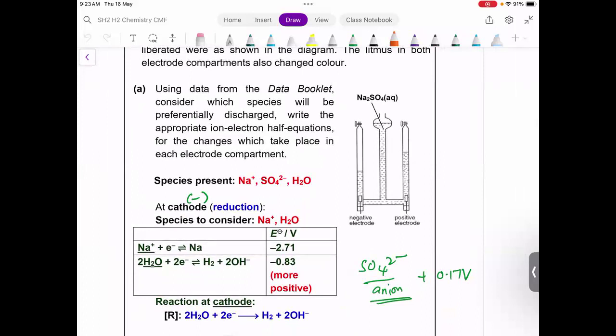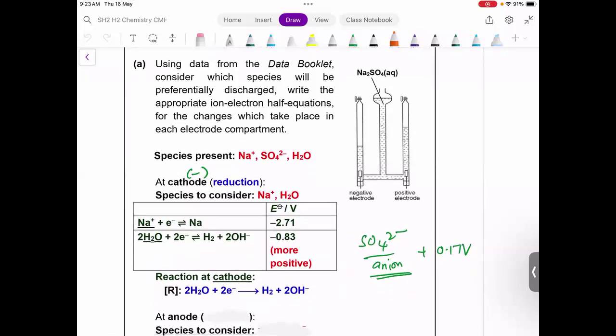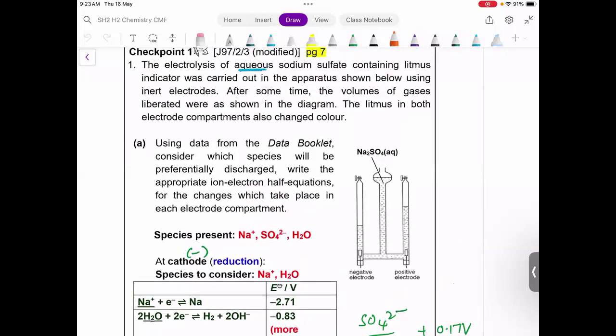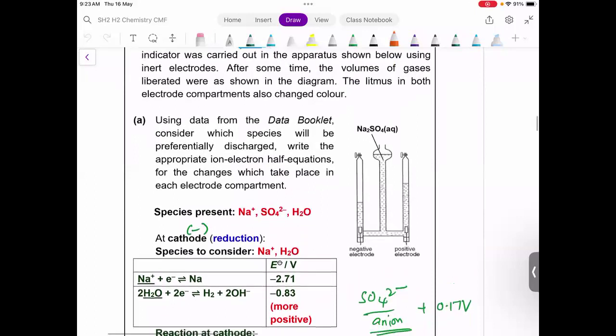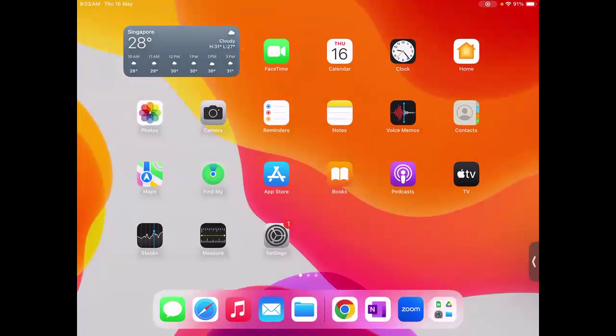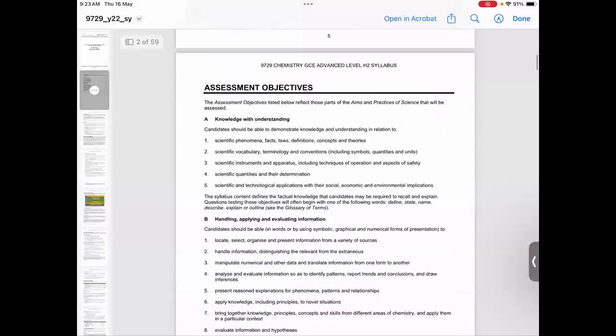If it confuses you, you must clarify with me. Maybe I just show the data booklet.